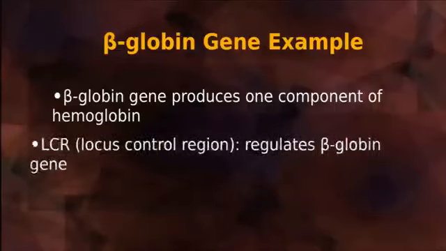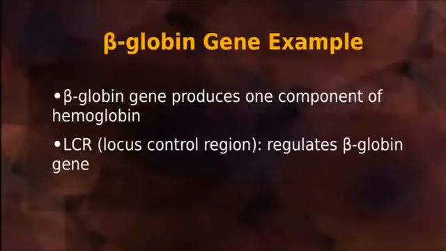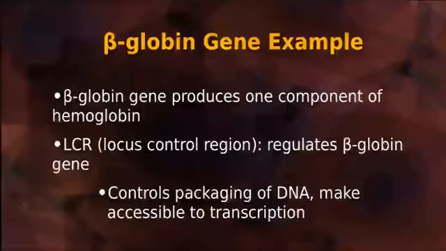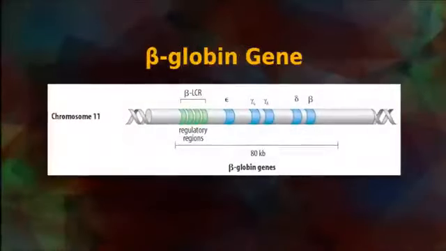And the beta globin gene is regulated by a region called the LCR, which is the locus control region. And that region controls the packaging of the DNA and the formatting of the DNA. So it will unwind that part and make it accessible to transcription and therefore translation, so you can get the protein.